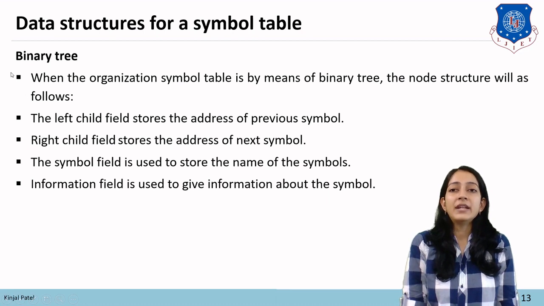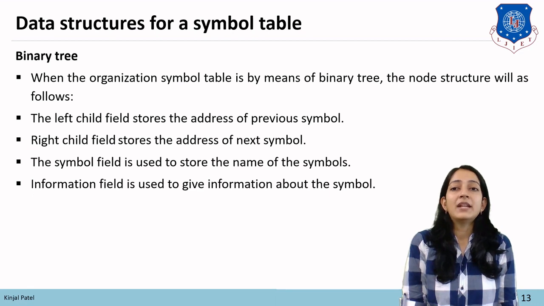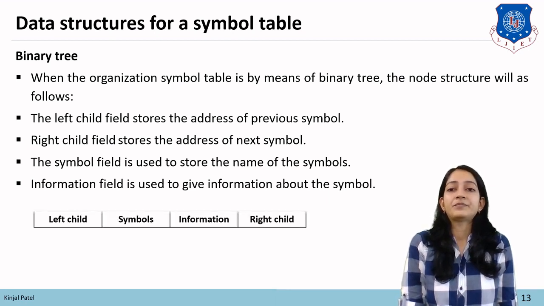In a binary tree we can find a symbol easily because each symbol has the information of its previous and next symbol. But in a binary tree the space complexity is high because each variable stores the information of its previous and next child.